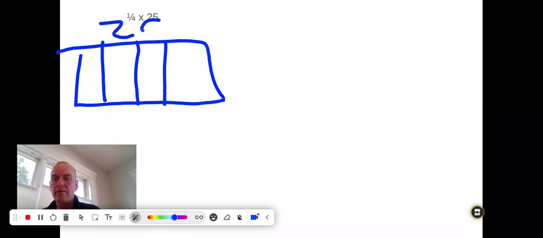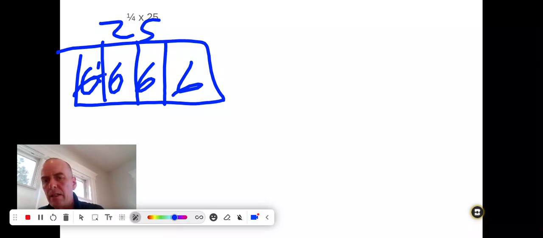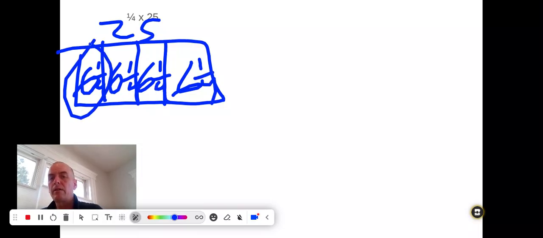So 25. How many can go in each group? 6. Okay, so 6, 6, 6, 6 gets us to 24. What's left over? 1. So 1 divided by 4 is 1/4. Okay, so each is 6 and 1/4. We take 1, we get 6 and 1/4.